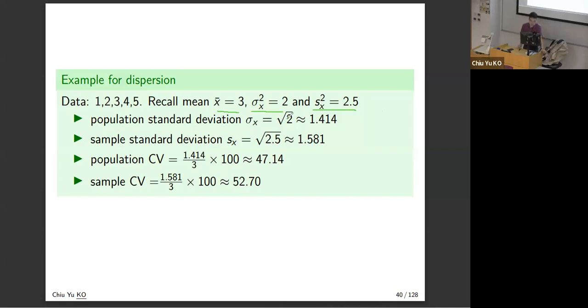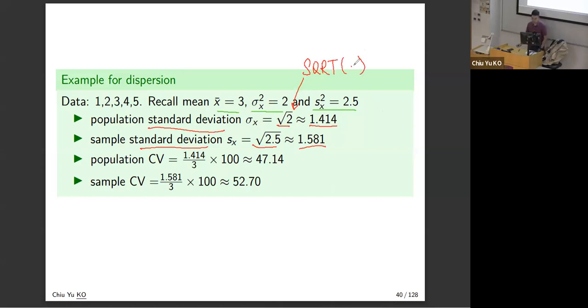In this case, the SD is very simple. SD is just taking the square root of its own variance version. Take the square root of 2, it gives you this number. Take the square root of 2.5, you get this number. Just to remind you, in Excel later, the function to take the square root is SQRT.